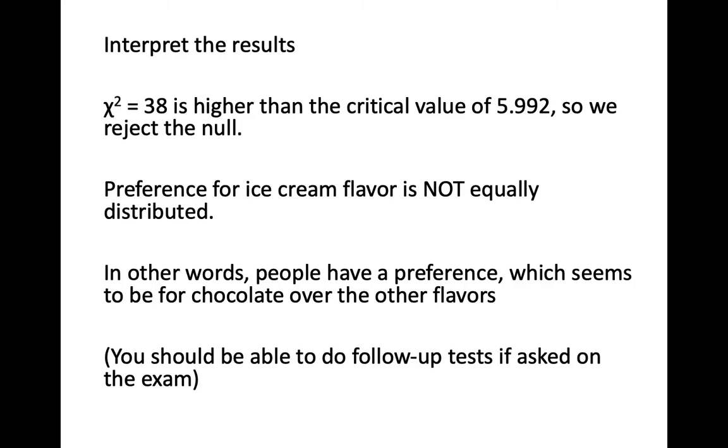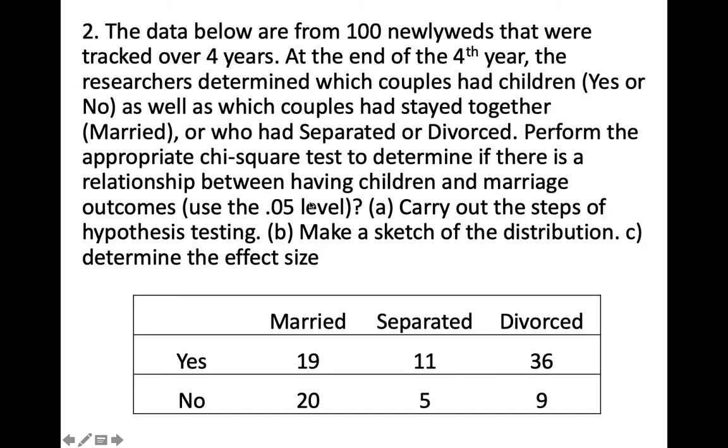Then you just need to change your critical value accordingly. And if you're doing multiple of these follow-up tests, you want to adjust your alpha level using a Bonferroni correction. I don't show that here, but I did give examples in the lecture, and you should refer to that if you have questions about how to do a follow-up test.